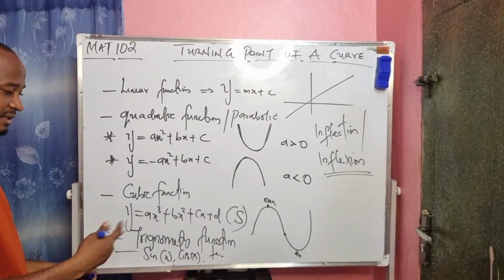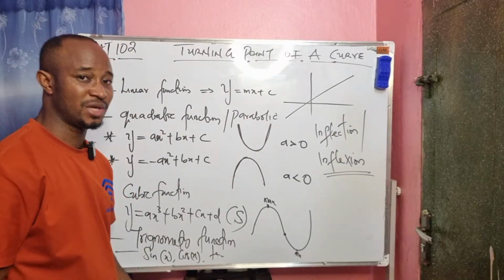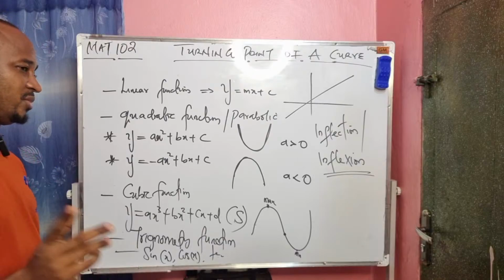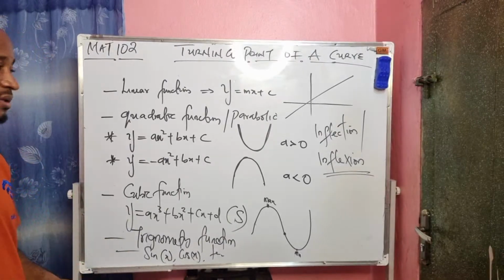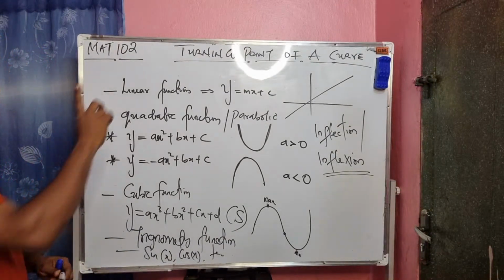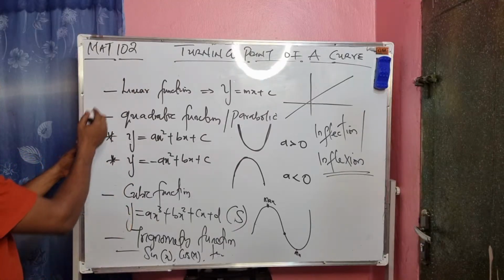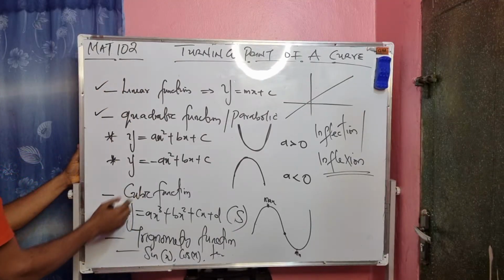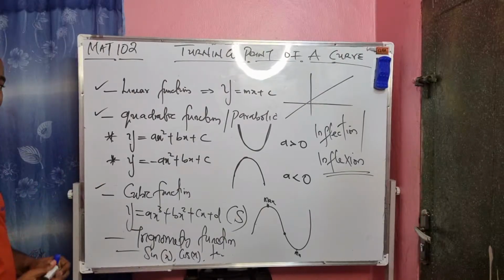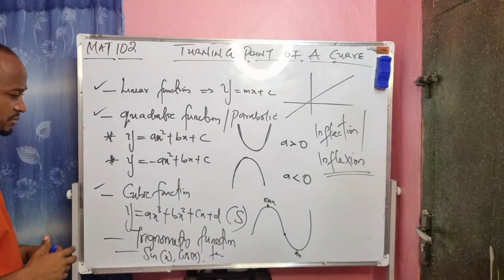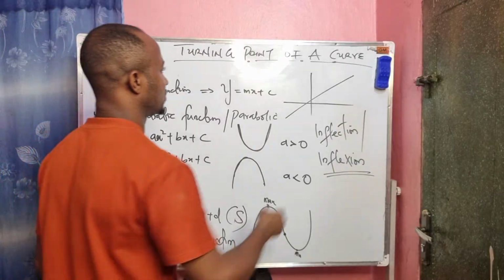We also have the exponential function, logarithm functions and the rest. But the major functions I want us to focus on, majorly in this topic of turning points of a curve, are linear functions, quadratic functions, and cubic functions. And we'll be solving so many problems as we continue.